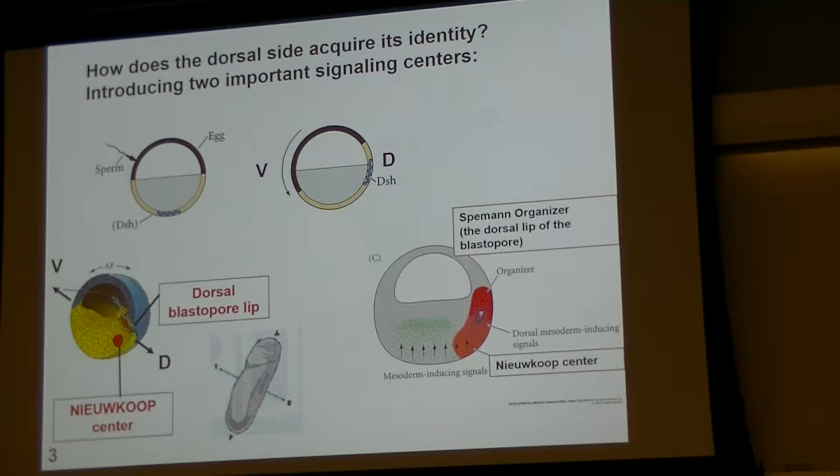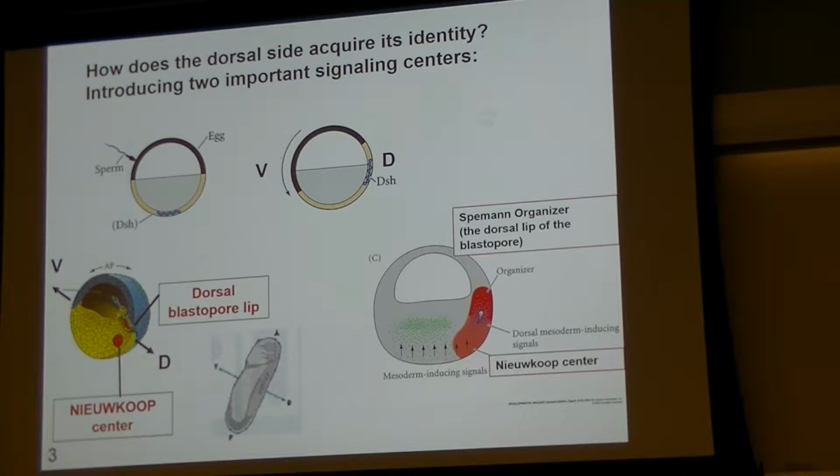And these two signaling centers are called the Nieuwkoop center, which no one could ever spell. It's named after the Dutch investigator who originally did the experiments I'll tell you about today that discovered this center. And then the second place is called the dorsal blastopore lip, and that's the site where, as we talked about last time, gastrulation initiates.